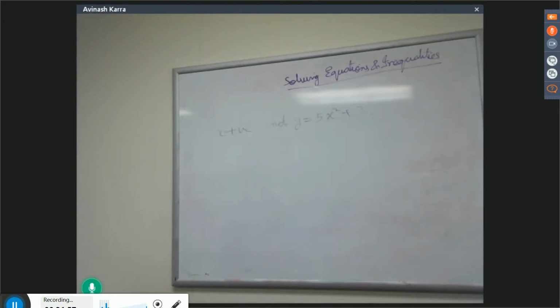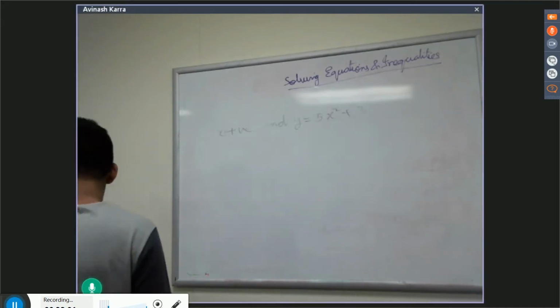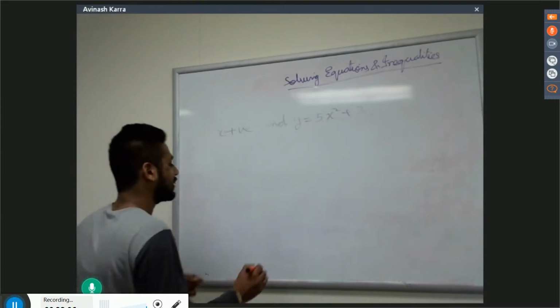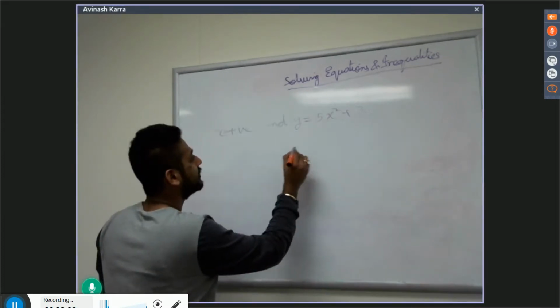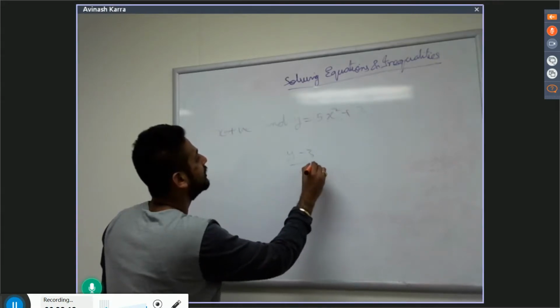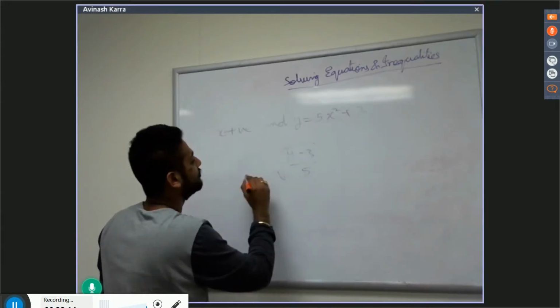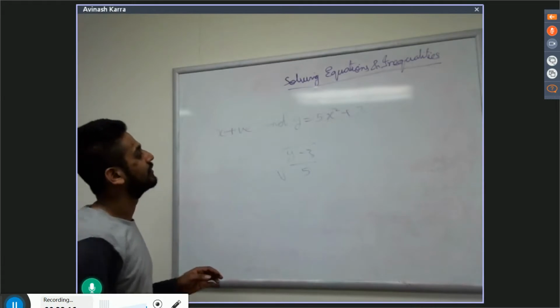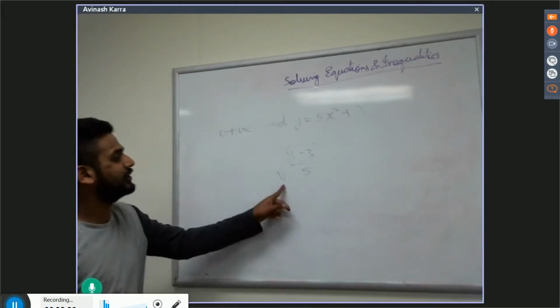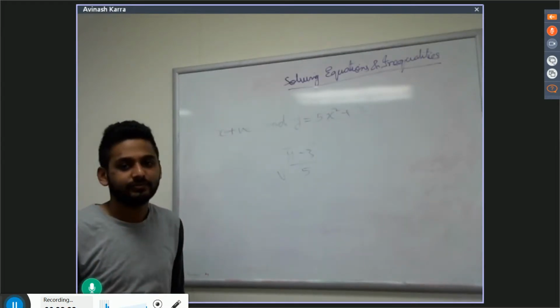When you have the answer, do you just say it or should we wait? What's the answer? Is it y minus 3 by 5? This should be the answer. Yeah, that's what I got.